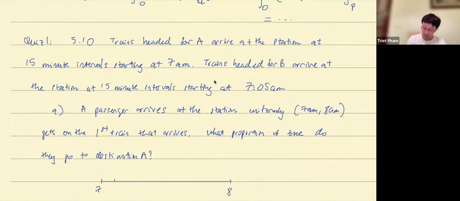So for example, by default you will miss the train arriving at 7 going to A, because the probability you're arriving on the dot at 7 will be 0. So if you arrive anytime in this time interval, you will go to B. But if you arrive anytime between this time window, you will go to A.